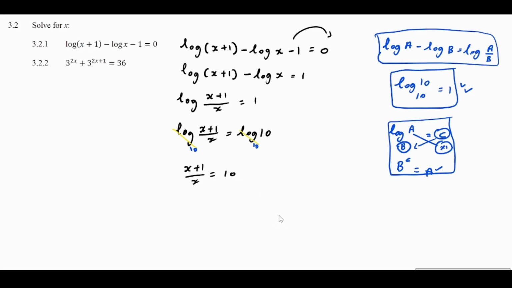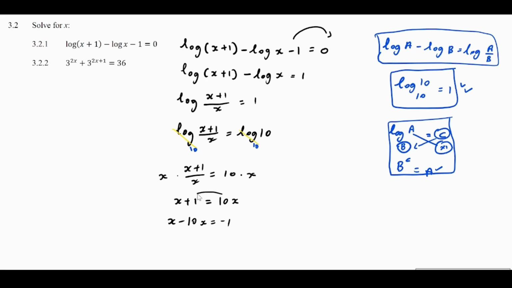I'm looking for x, so I'm going to multiply both sides by x, and then x plus 1 is going to give me 10x. You transpose, you have x minus 10x equals -1.